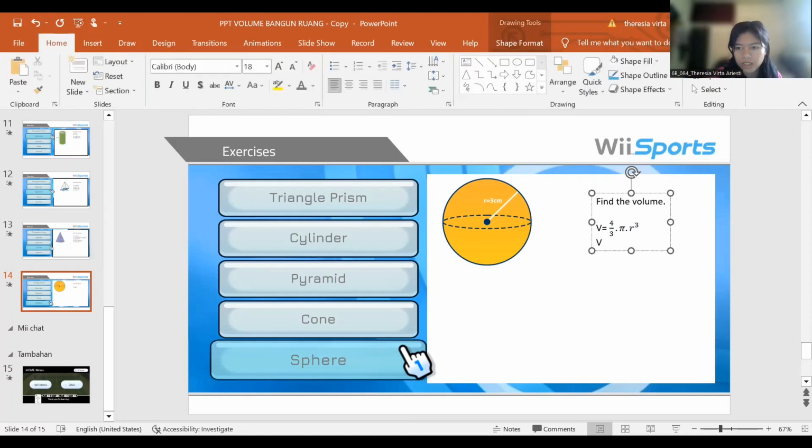So we're going to count it. So look at the radius first. It's 3. So we decide to use 3.14 for pi, and then the radius is 3.